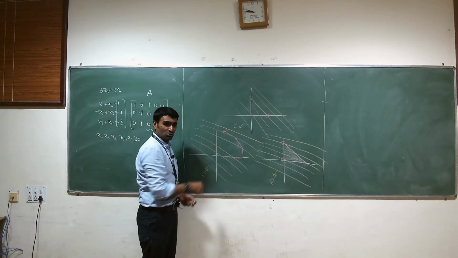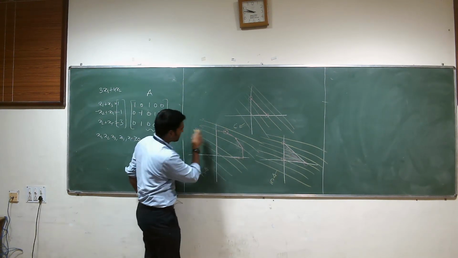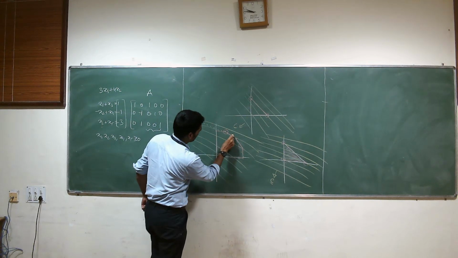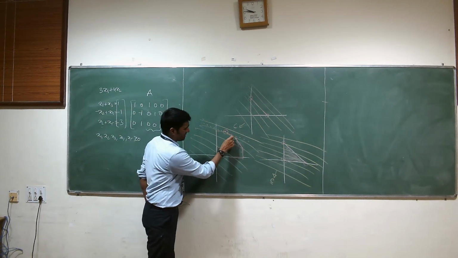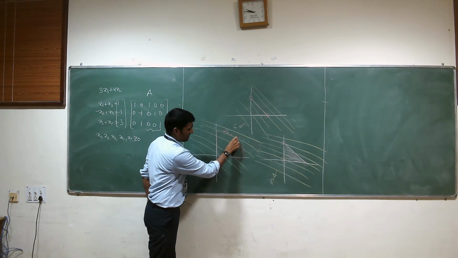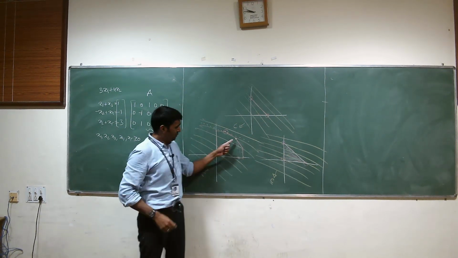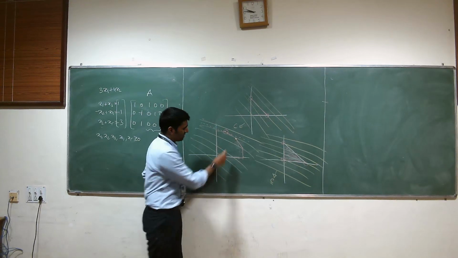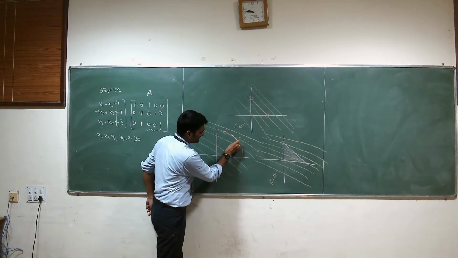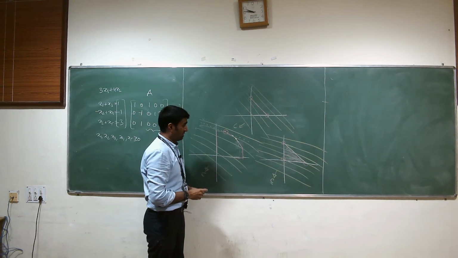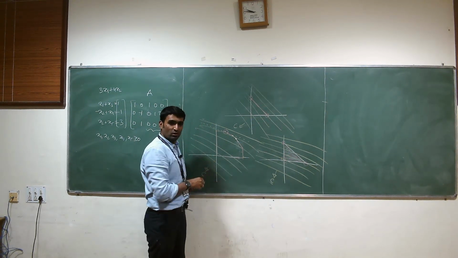How did I say this is a solution then? Here. If you are here, you can still move in this direction, and any direction in between, and still satisfy your constraints.